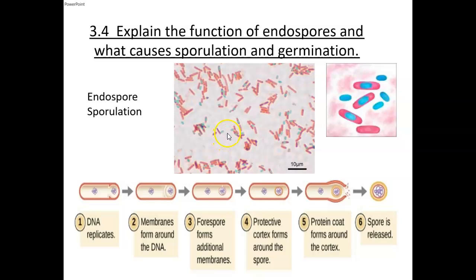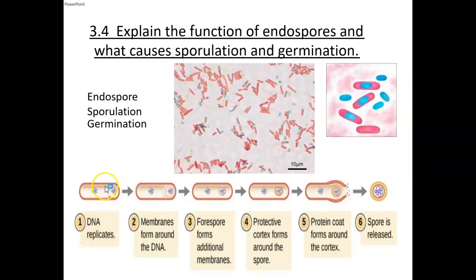So a lot of the ways we process our foods, like canning at very high temperatures, is there to kill endospores. A couple of vocabulary words related to endospores: sporulation happens when a vegetative cell, a living, growing cell, suffers some kind of bad environmental conditions and starts to make a spore.